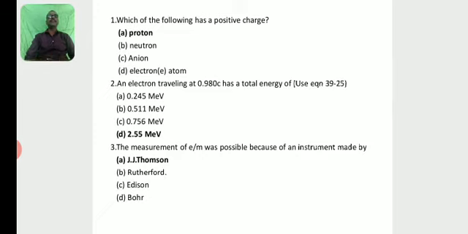The measurement of E by M was possible because of an instrument made by J.J. Thomson, Rutherford, Edison, or Bohr. Because of J.J. Thomson, he constructed the experiment for the study of E by M, that means the specific charge of an electron.